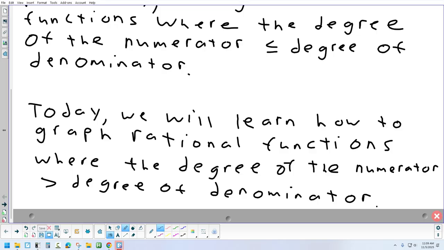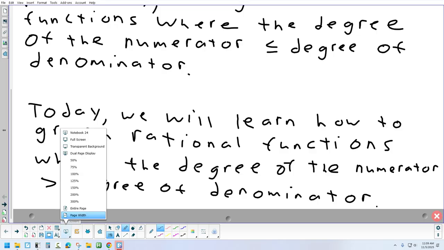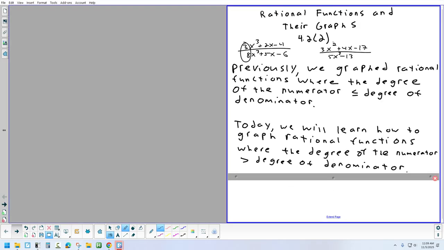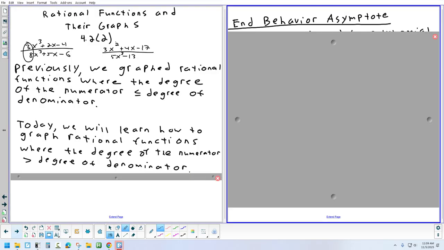Okay, so let's take a look at what happens. What is going to replace the horizontal asymptote is going to be called the end behavior asymptote. We're going to abbreviate that EBA. Not to be confused with the EBM.